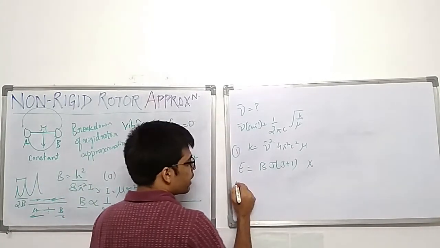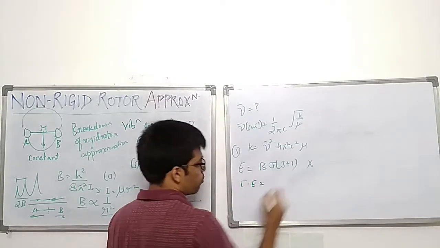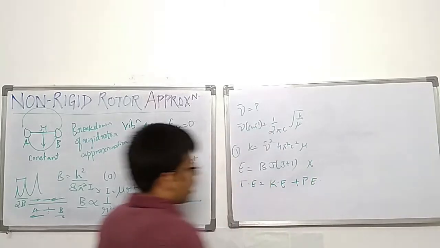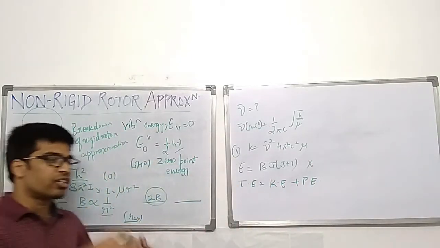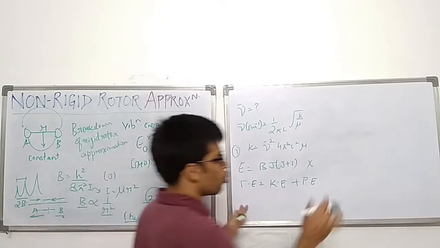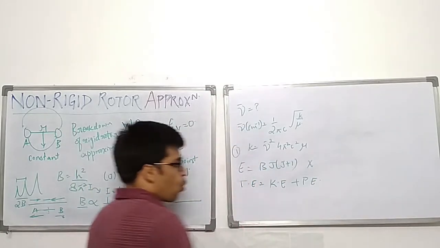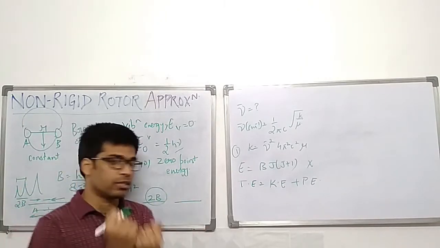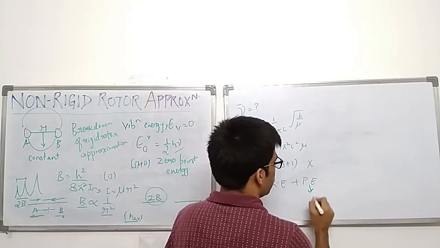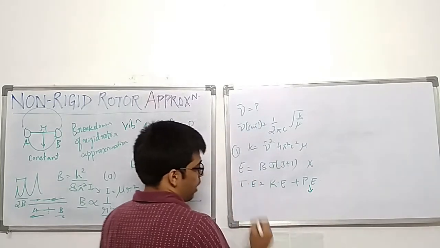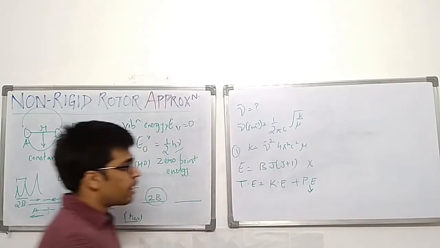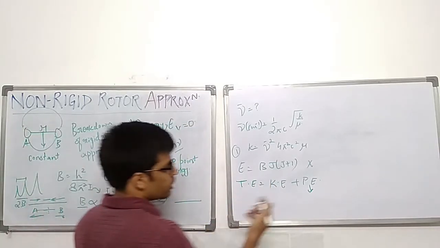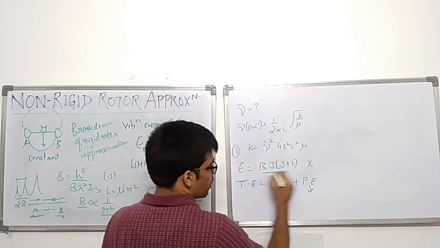In any condition, the total energy of any molecule is kinetic energy plus potential energy. Considering there are no external forces acting on the molecule, there is no potential from outside. Whatever potential is generated in the system is because of the vibration of the two atoms. So this is coming from the vibrations. We consider that the total energy that we should be getting is only from the rotational.